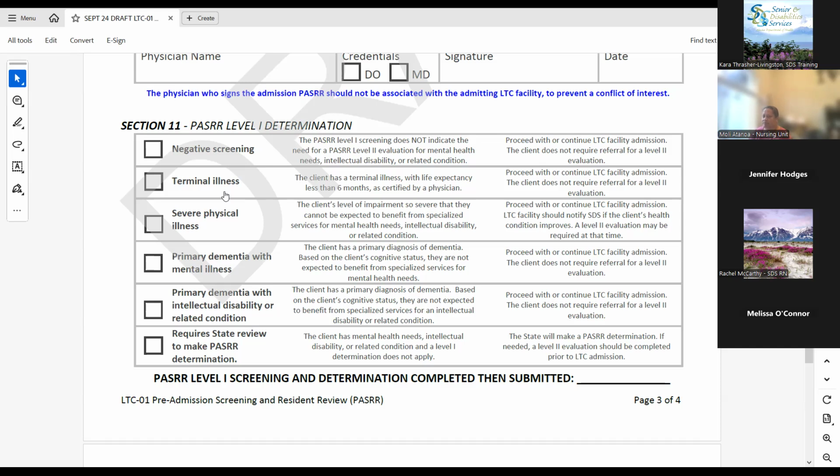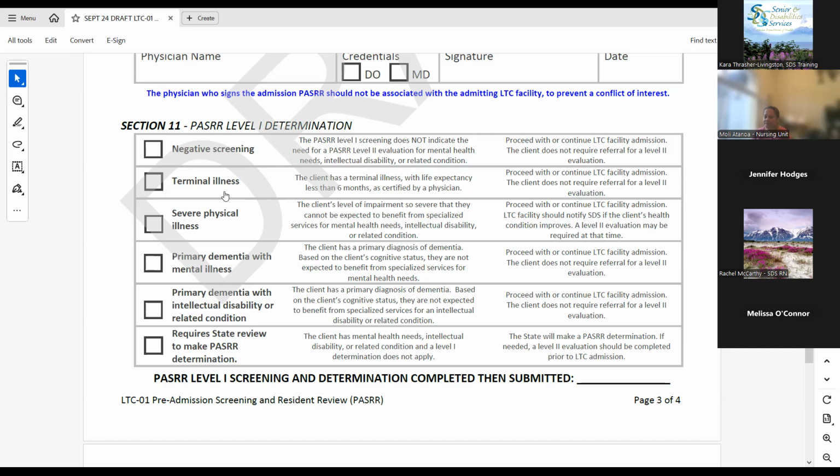If it is signed by a nurse practitioner, we send it back to get a physician signature. But this is like a draft form, and we're asking for your input and feedback, so those are really good ideas to share with us. We're going to meet with our contact at the PTAC, the PASRR Technical Assistance Center, to ask some of those questions on maybe how we can update this.